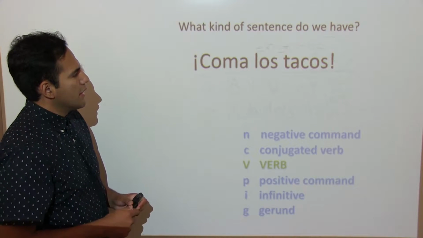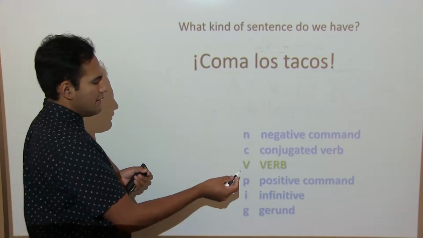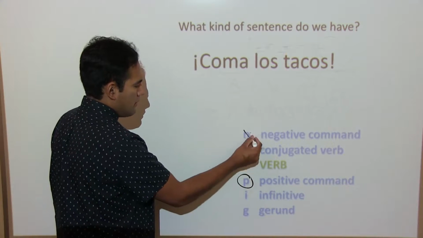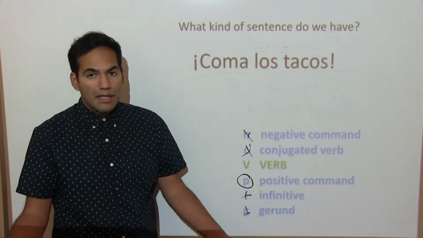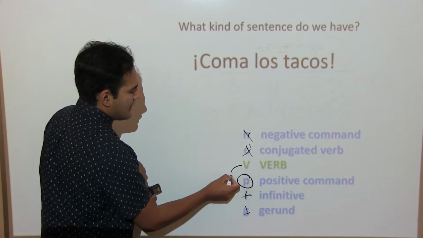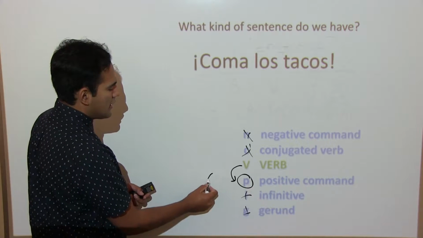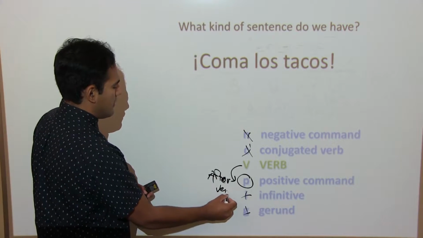Okay, so here we have a command. Is it a positive command? Yes. So we're going to avoid those because we already found it. It's going to be a positive command. So what it's saying is, if it's a positive command, the pronoun is going to go after the verb. Okay?